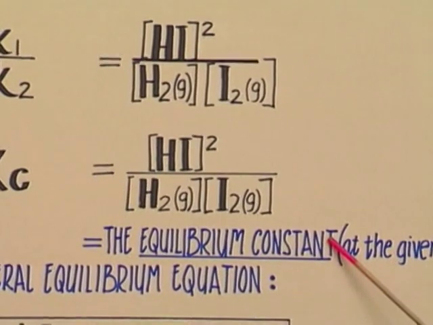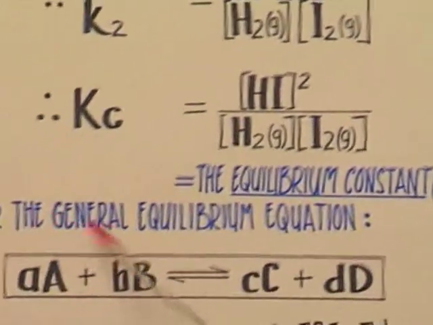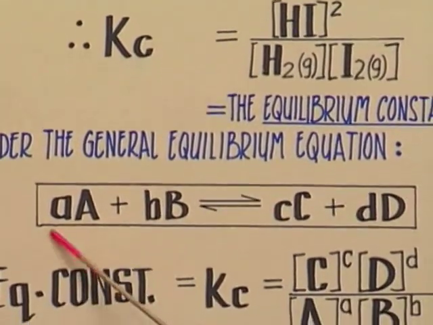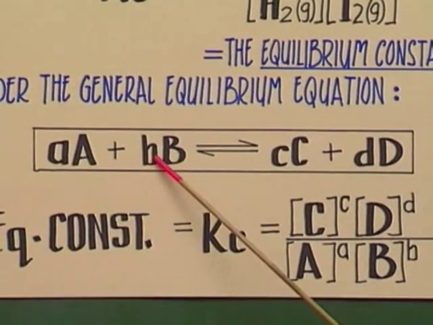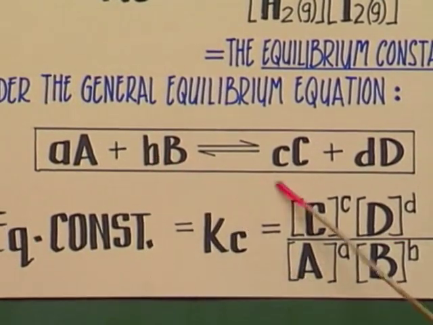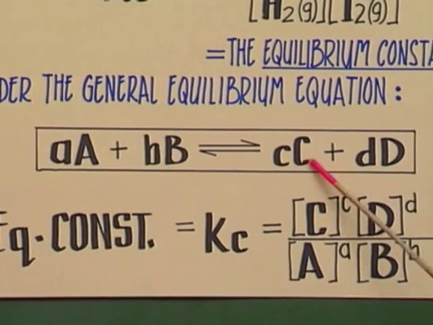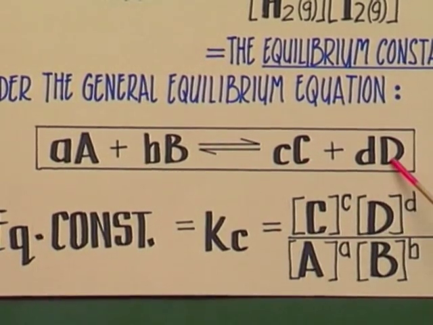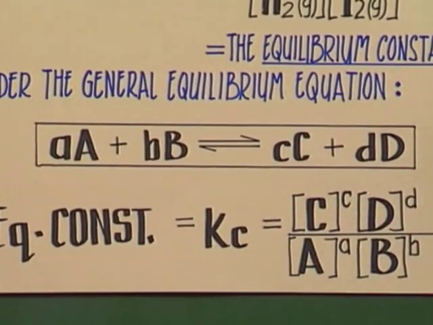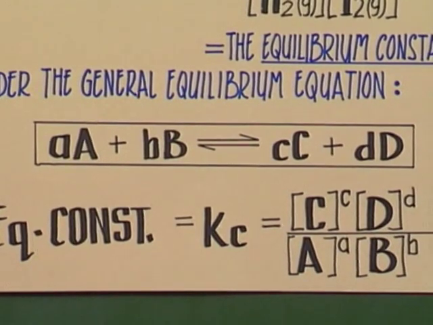equilibrium constant. Consider the general equilibrium equation where a molecules of reactant A reacts with b molecules of reactant B to produce c molecules of product C and d molecules of product D. The law of mass action can then be formulated as follows.